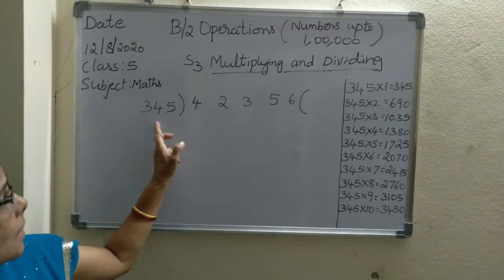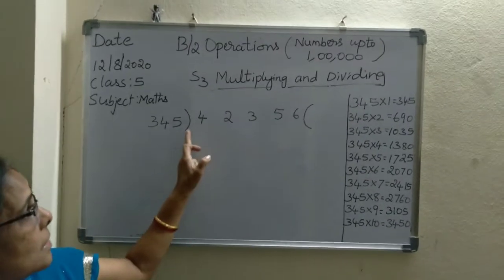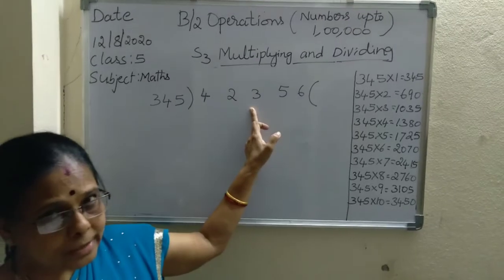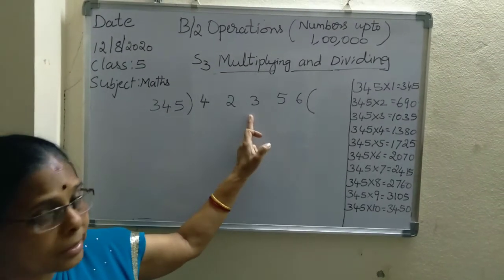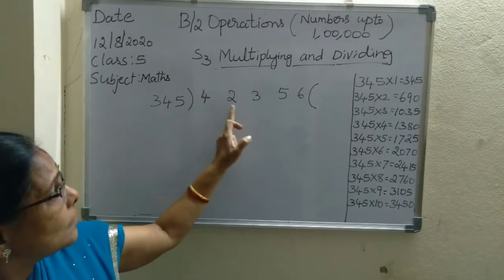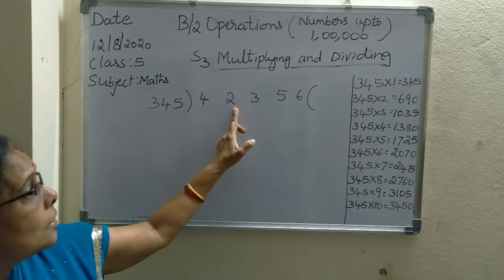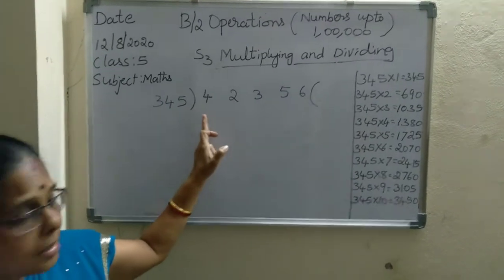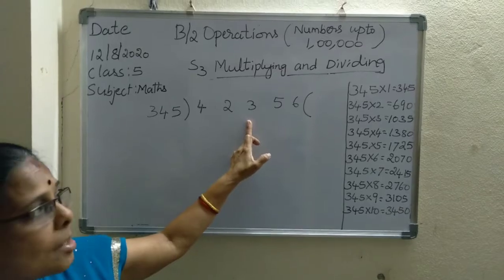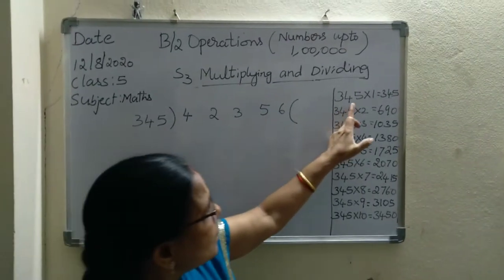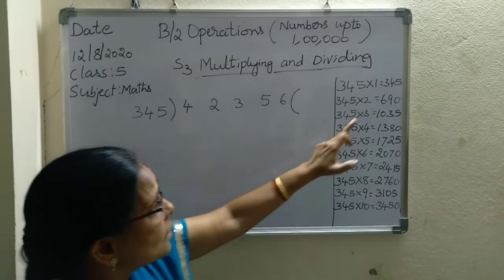Now, see here 345 is there. So you have to take 3 digits here. Here 423. So which is the nearest number in the 345 table? Find the nearest number. Here 345 into 1 is 345.